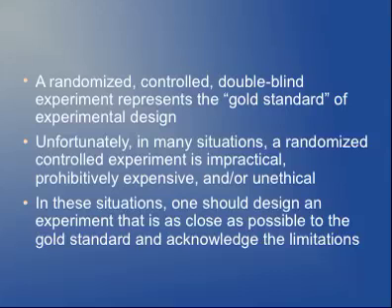And in these types of situations, you just have to try to design an experiment that's as close as possible to the gold standard and acknowledge the limitations of your experiment in the discussion section of your paper or whatever the case may be. I'll discuss this in more detail later on.